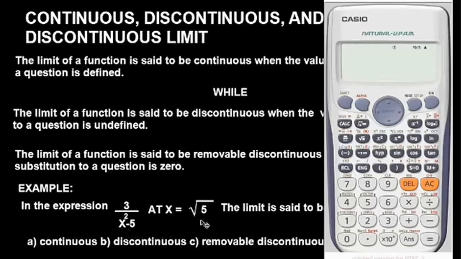When you store the value of x, square root of 5, to substitute this x squared here and use it to evaluate this expression, the answer we get will tell us whether this is a continuous or discontinuous or removable discontinuous limit.